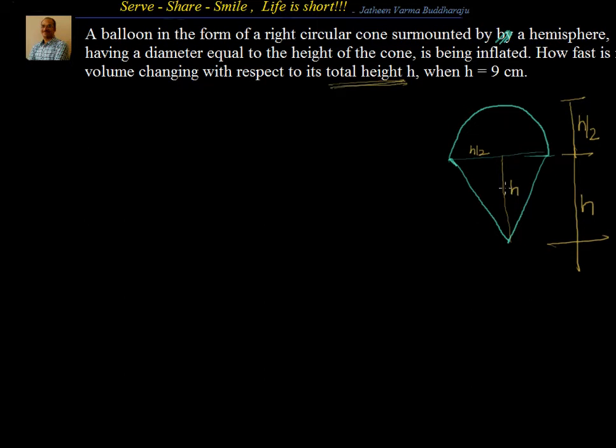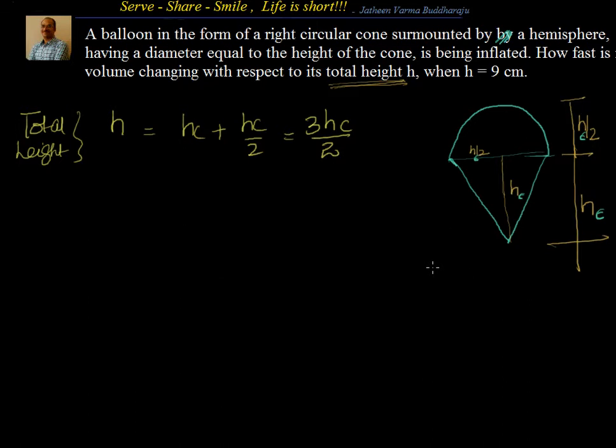When we have been given total height h, that's actually with respect to the total height of the balloon. So, not to confuse, we will convert this into hc, with respect to the cone. Total height h is equal to hc plus hc by 2, that's equal to 3 into hc by 2.